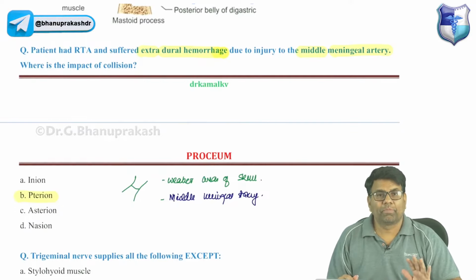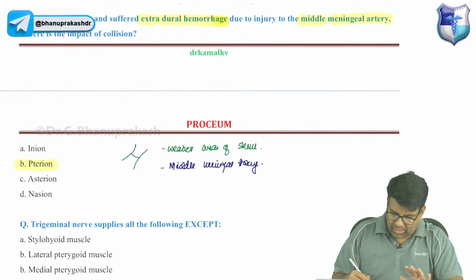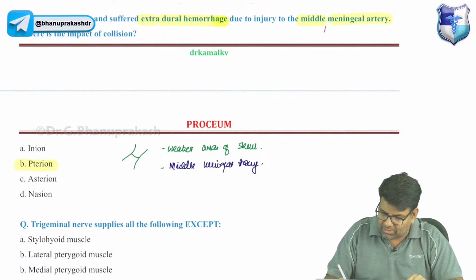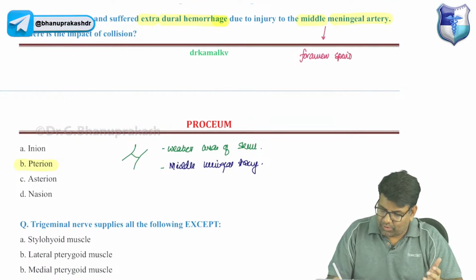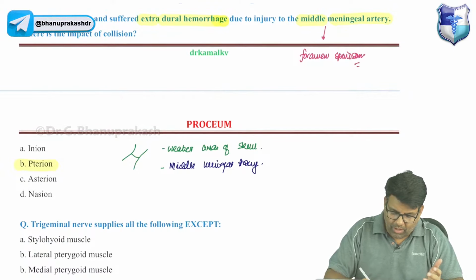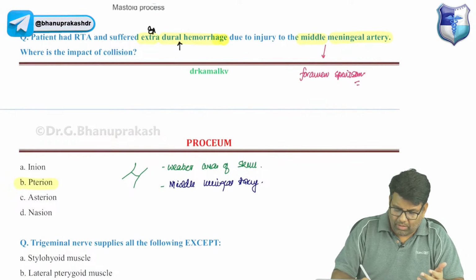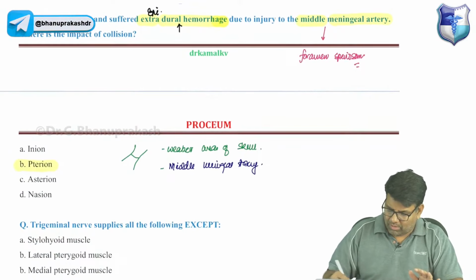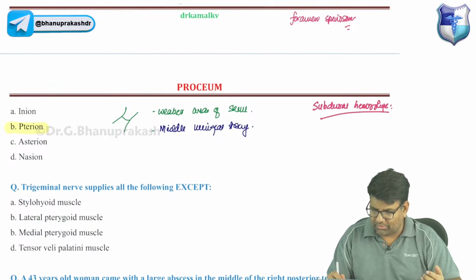This results in extradural hemorrhage, right? Now, the middle meningeal artery passes through which foramen? Can anyone answer? It passes through which foramen? Anyone? Now, obviously this condition is extradural, also known as epidural hemorrhage. We can take the opportunity to discuss a few words about subdural hemorrhage as well. Very good, Raninda, very good.